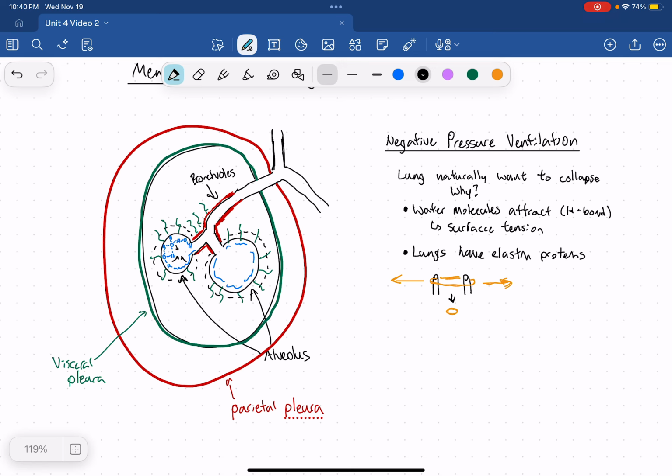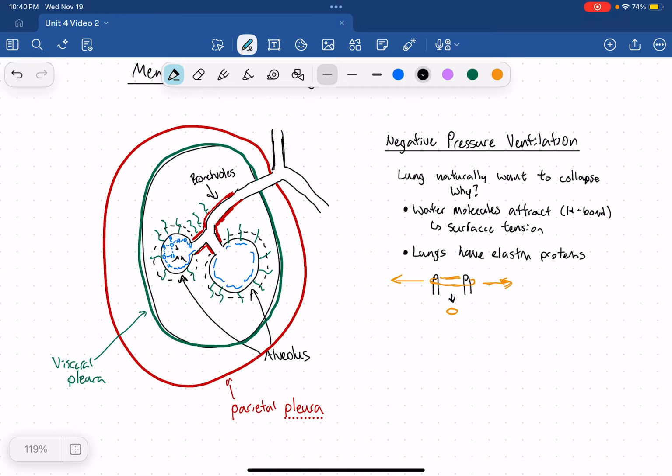So now let me talk about some other things that help to maintain that negative pressure ventilation. So we talked about surface tension, and talked about how the lungs have elastin proteins.